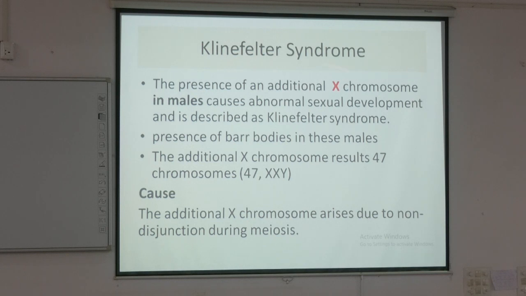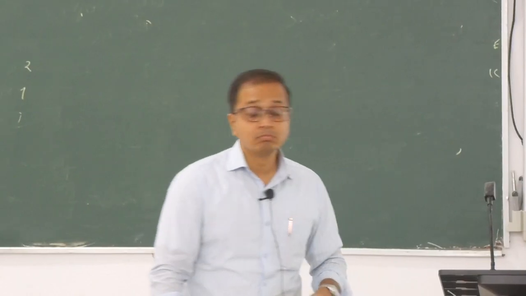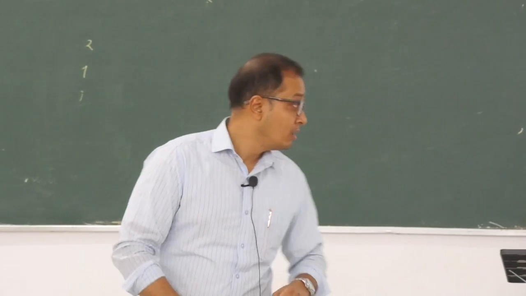This person who has Klinefelter syndrome has a particular pattern. The male has that extra X chromosome, which is inactivated as a Barr body. We have these Barr bodies present. In Klinefelter syndrome, we have an extra X chromosome in the male individual.